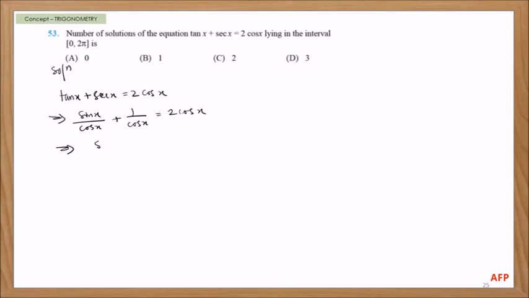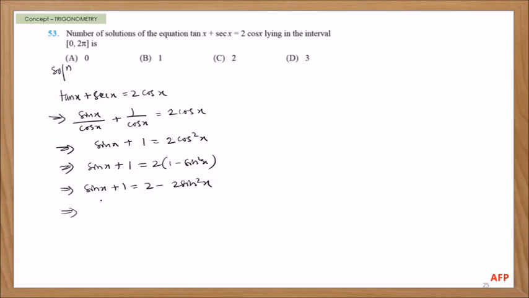So if you take LCM, sin x plus 1 equals 2 times, if you multiply it to the other side denominator, 1 minus sin square x, 2 times sin square x plus sin x, you bring 2 to the other side, minus 1.